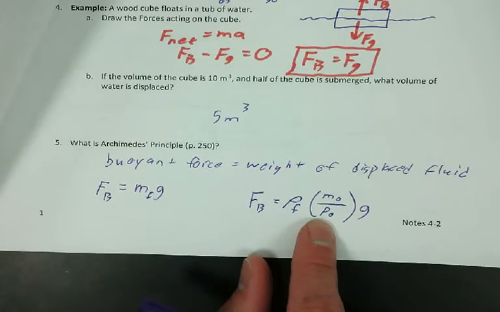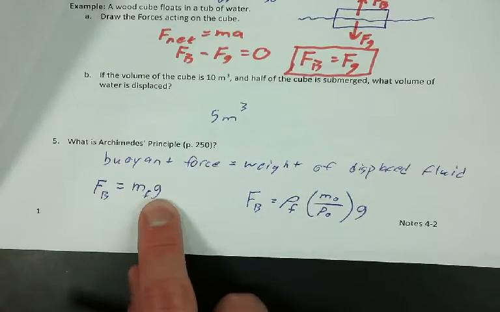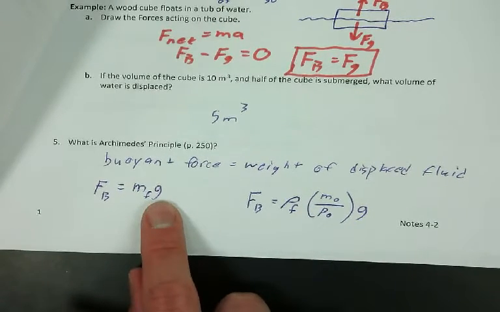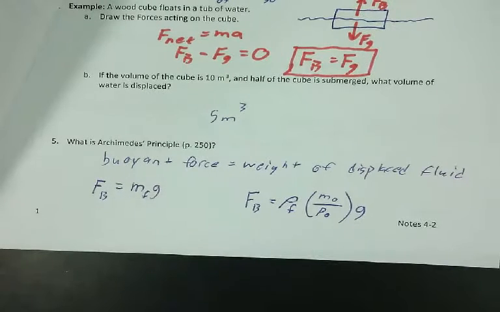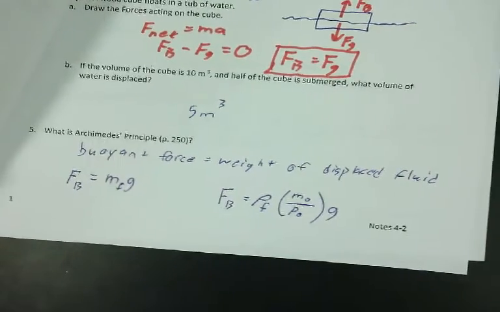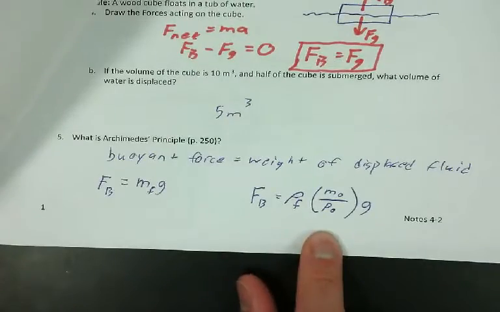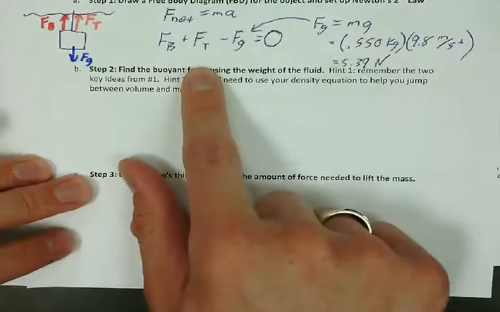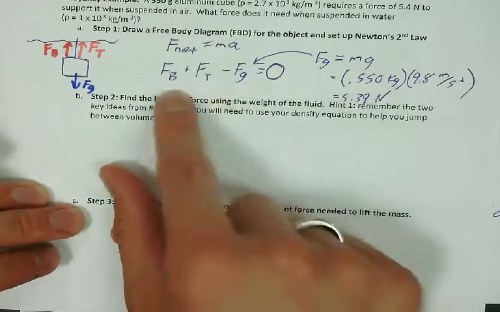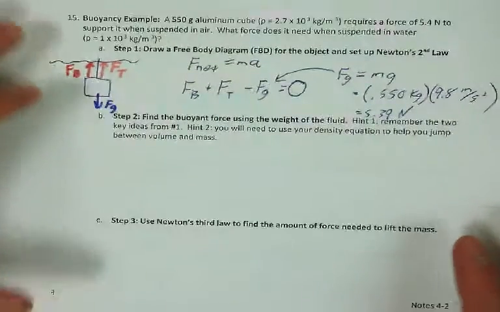So that's what I'm going to do, because essentially this equation comes from this with volume substituted in instead of mass, because instead of using mass, we're doing density. Mass is density times volume. So we change it around a little bit, and we can use this equation. So that's what I'm going to do here to find the buoyant force. You won't be able to use this every time. Sometimes you'll have to use this equation to solve for buoyant force first. But I usually try to give you hints on that if I can, at least early on here.